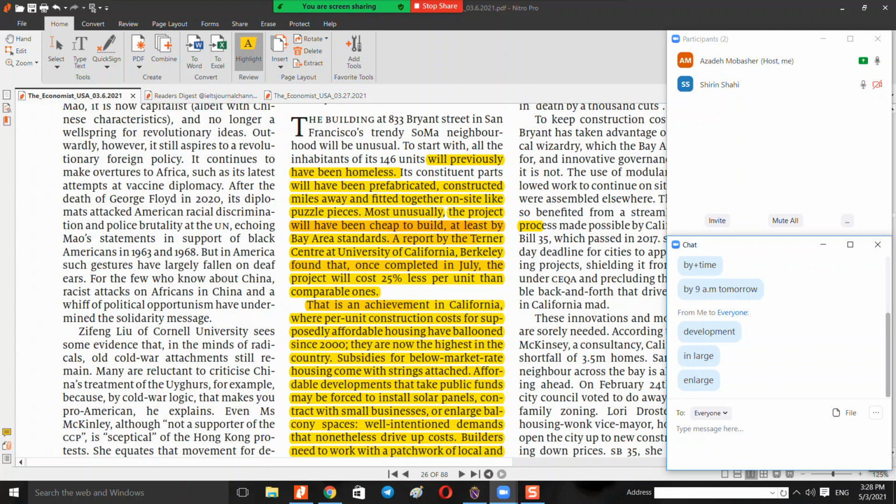What does enlarge mean? There's a difference between the meaning of these. Can you see what I just typed here? Yes. Okay. What is the meaning? In large quantities, for example. In large amounts, yes.